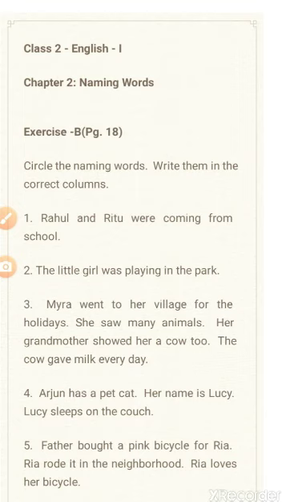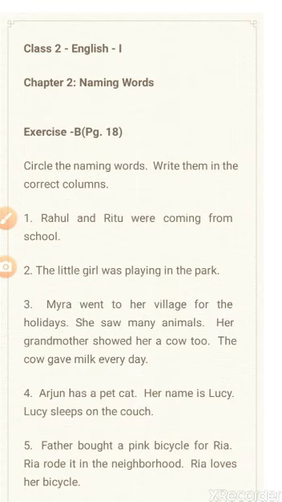Now let's do the next sentence of this question. Ria rode it in the neighborhood. Ria, again we found that word in the previous sentence that it's a name of a person. So we don't have to write it again. Rode is an action, and it, in the, these are not any name of a person, place or animal or thing.